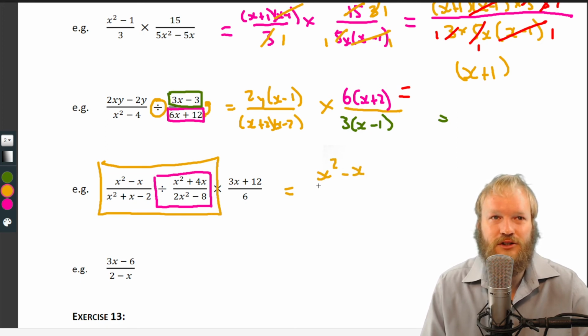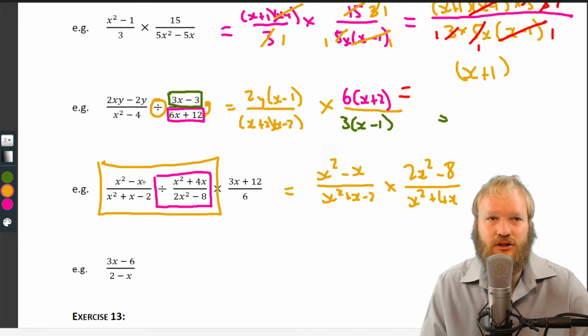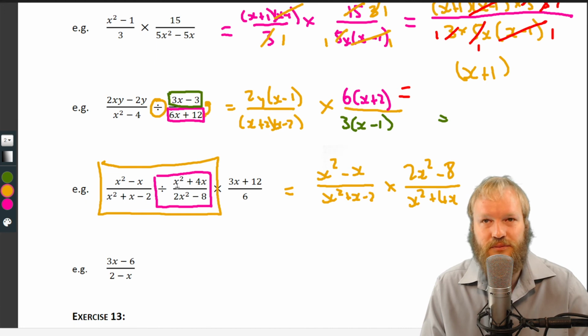The first thing we're doing is x squared plus x minus 2, but I wouldn't suggest you show all of these steps. Minus 8 over x squared plus 4x. That's because that's the first thing we do. So we're dividing, so then we're doing a tip and times.